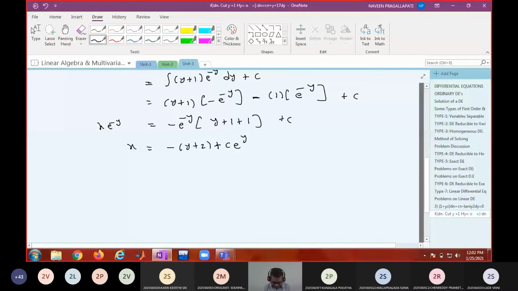Suppose the problem is like this: dy by dx equals 1 by 1 plus x square into e power tan inverse x minus y.